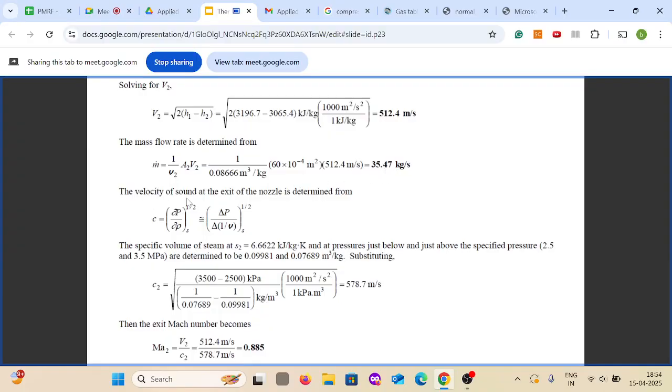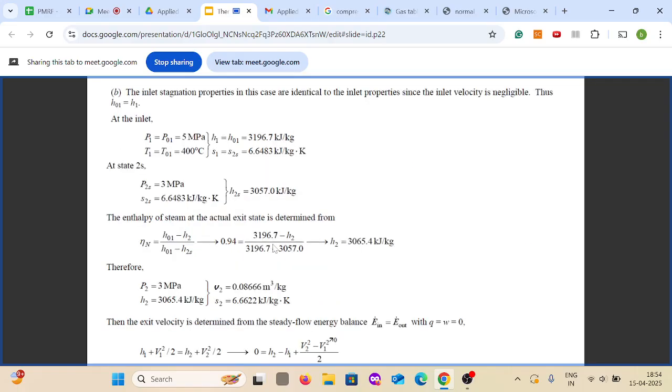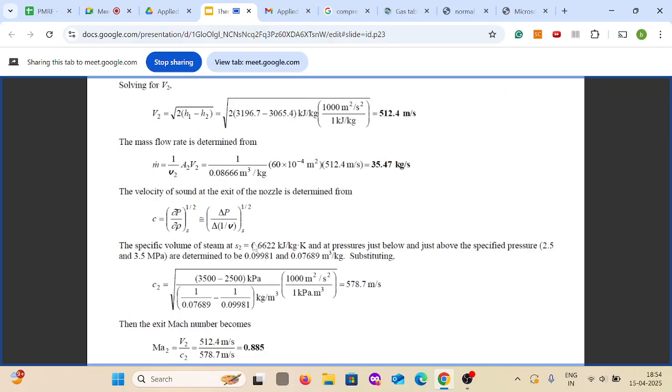Again, for the velocity of sound in this case, we know the entropy at the exit, and we will use that entropy to calculate C. Previously we used the inlet entropy, which is the same as the exit entropy, but in this case it is not. So the exit entropy is 6.6622. With the same process, we take 2.5 megapascal and 3.5 megapascal for the finite differences.